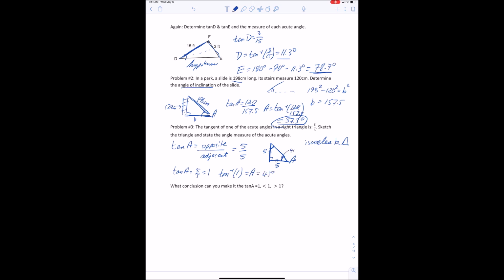So this is 45 degrees, and so is that. Because remember, the sum of the angles is 180. If I take away the right angle, that leaves me with 90. And if I divide that by 2, I get 45 degrees, which are those two angles.